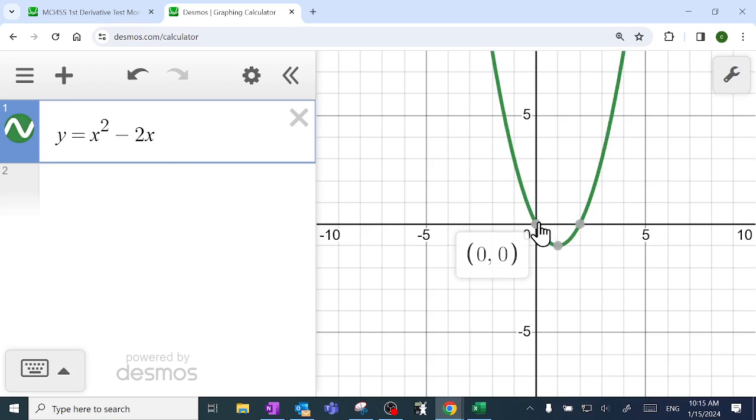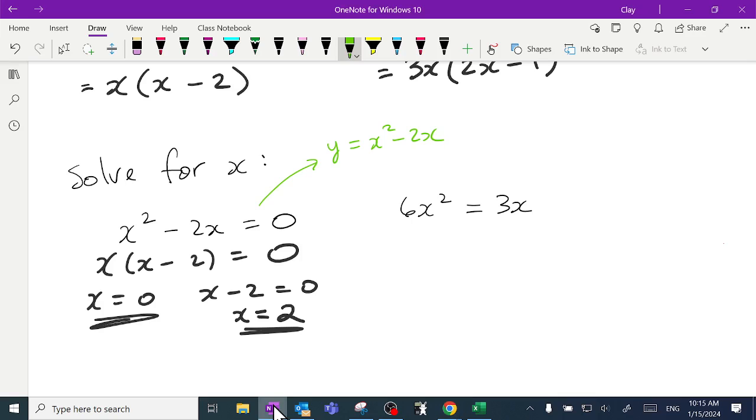Notice it has two x-intercepts at 0 and 2, which are the same things we get when we solve that equation, right? That equation, if you set y to 0, remember your x-intercepts happen when y is 0. So that's how the geometry and the graphing relates to the algebra.